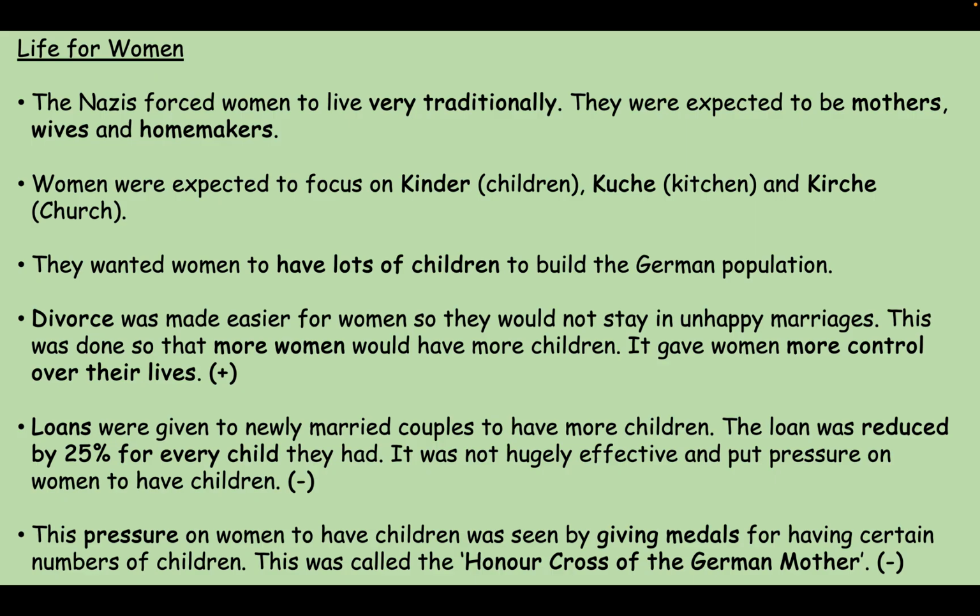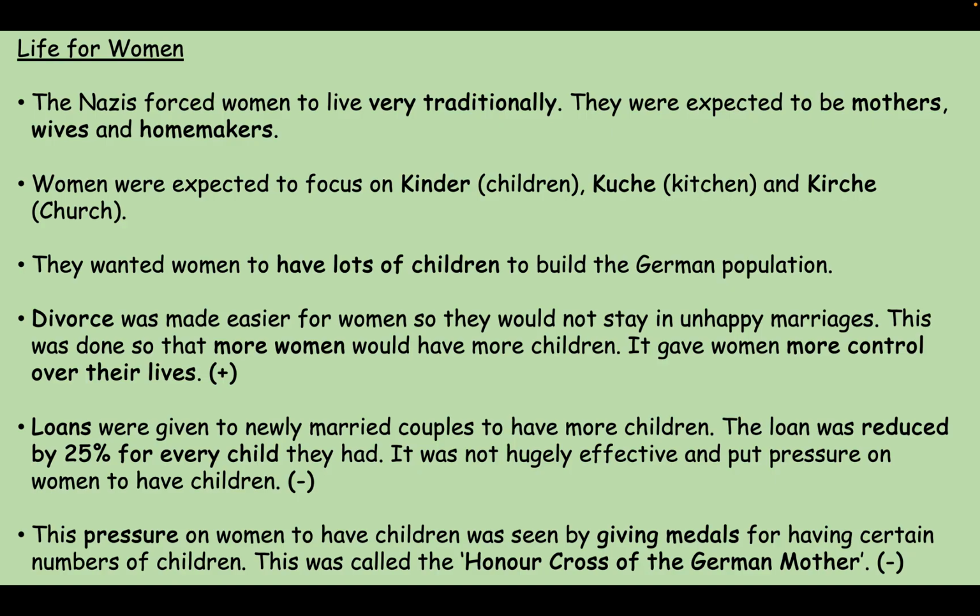Now, lives for women under the Nazis are not good. The Nazis have an ideal about women where they want women to live very traditionally and they expect them to be mothers, to be wives and to be homemakers. Now, that prevents women from having a career.